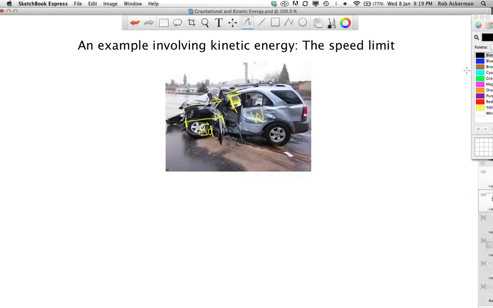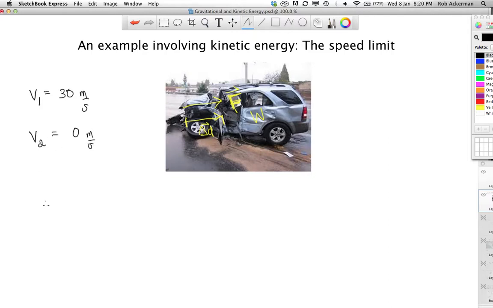Suppose the driver of this car was driving along at a speed of 30 meters per second, which is kind of like Highway 401 speeds. And let's suppose this was V1, so let's suppose the final speed, of course, was 0 due to being in an accident and the car coming to rest.